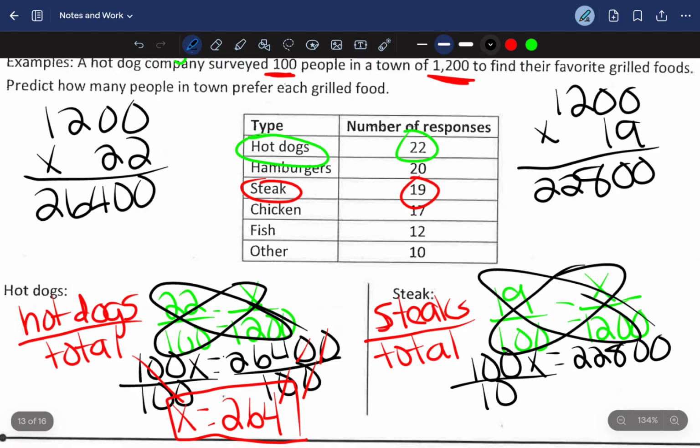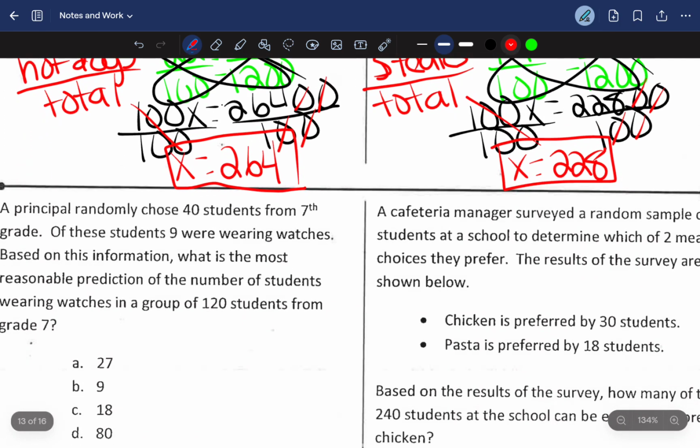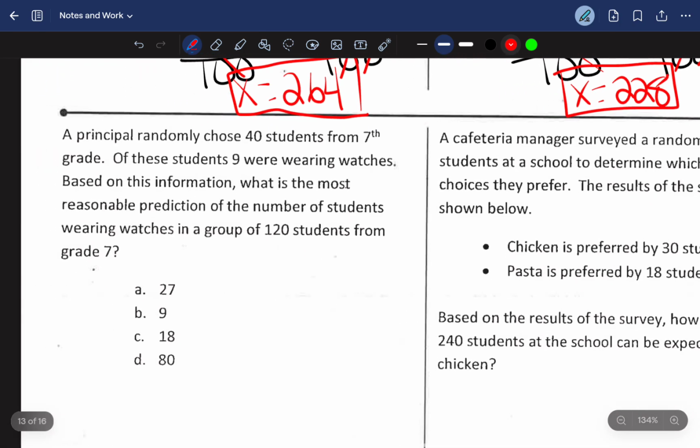Divide both sides by 100. Again, I can cross out the zeros. So now I just have x equals 228. Again, it's not an exact number, but it is an estimate. So we could expect about 228 people to prefer steaks in the whole town. Okay, on to the next question.